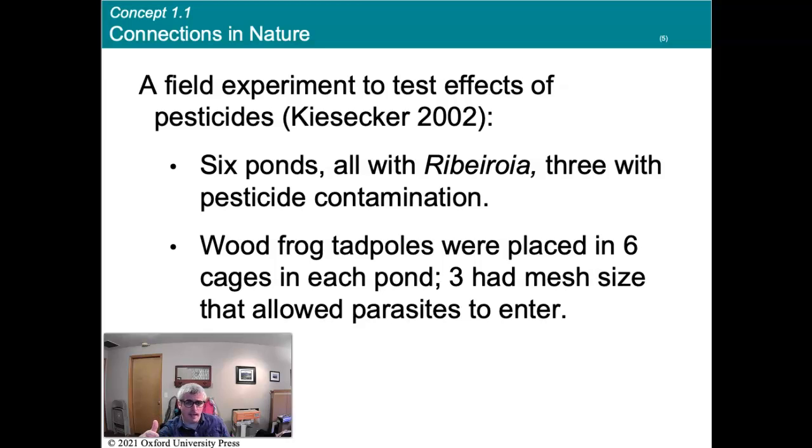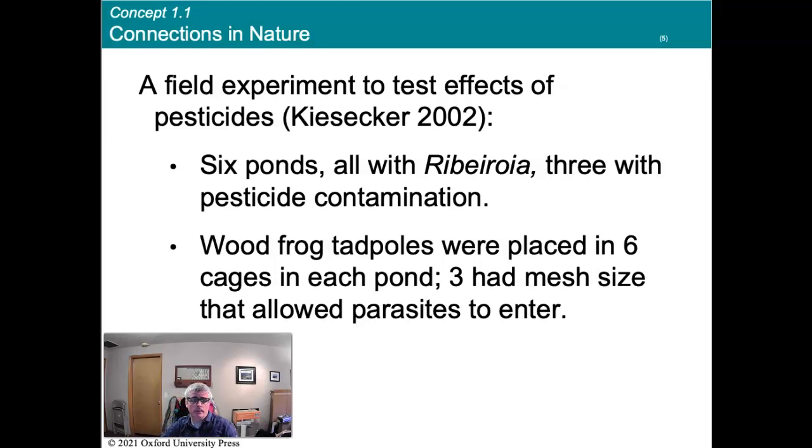But we don't exist in a vacuum, as there's many other factors at work. And one of those could be a contributing factor of pesticides. And so this next study used a natural gradation of 6 ponds, all that had the parasite, all that had Ribaria, but only 3 had pesticide contamination.